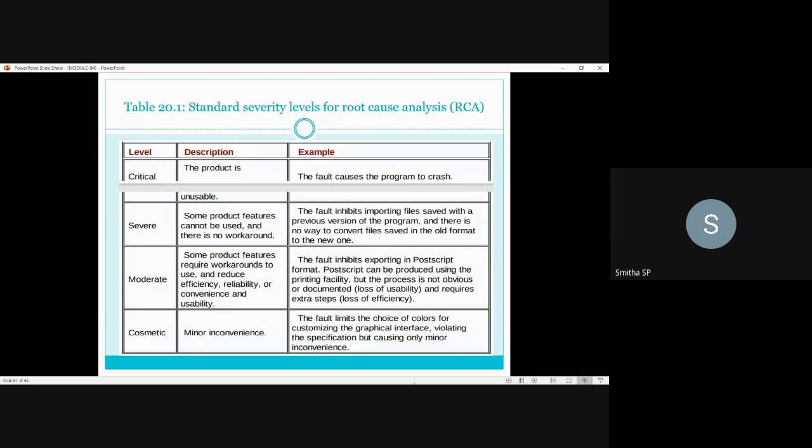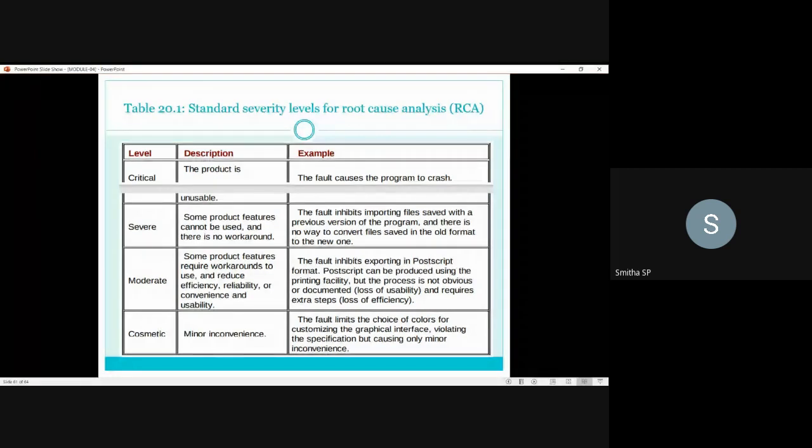Okay, so when the fault is critical, the product is unusable. When the fault is severe, some of the product features are unusable, means you can use the product, but some of the features you are not able to use. Next, coming to the moderate, you can use the product, you can use some of the features, or you can use all the features also, but for the usage of some features you need workarounds.